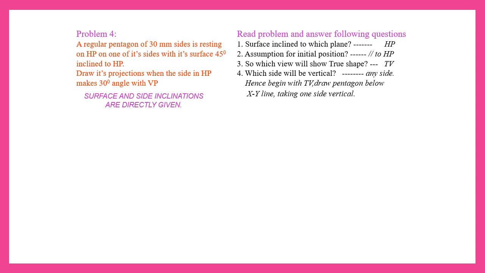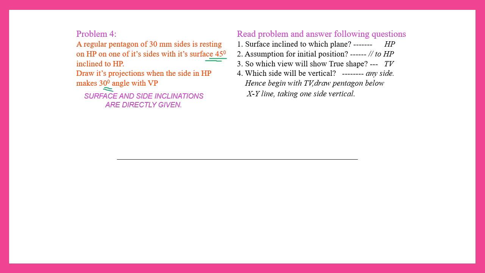Another problem based on a pentagon. The pentagon side is 30 mm, and it is resting on HP on one of its sides, with surface inclination 45 degree and side inclination 30 degree with VP.